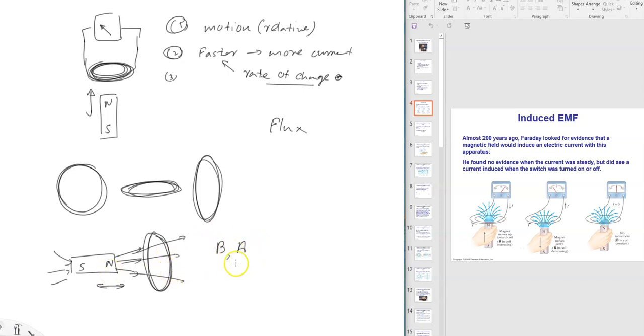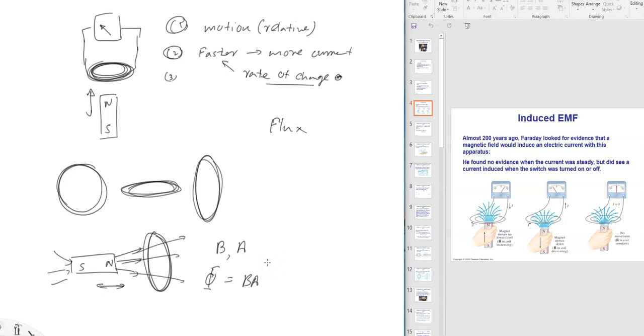So it defines something called flux, which is equal to B times area, right? So if I change the magnetic field, flux changes. If I change the area, flux changes. If I change both, flux changes. So we define this magnetic flux in order to simplify this changing process, right?